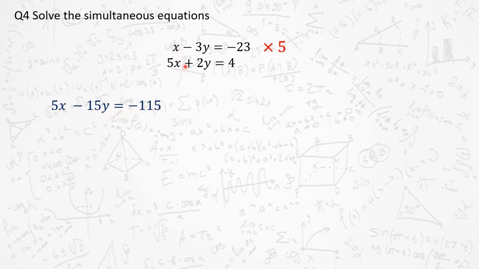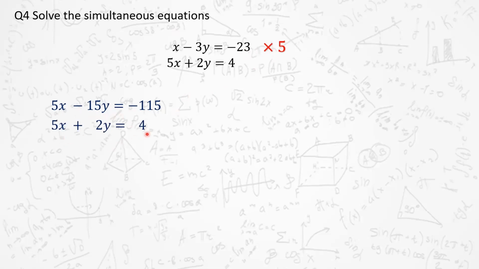So 5x is coming from 5 times x. Minus 15y comes from minus 3y times 5. And then minus 115 came from minus 23 times 5. So my top equation is 5x minus 15y equals minus 115.